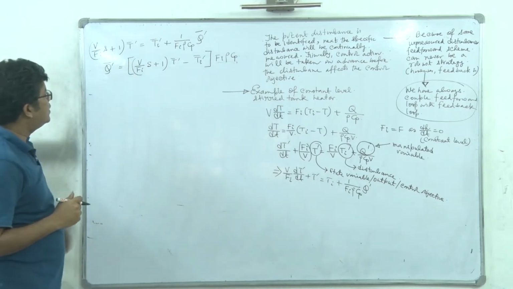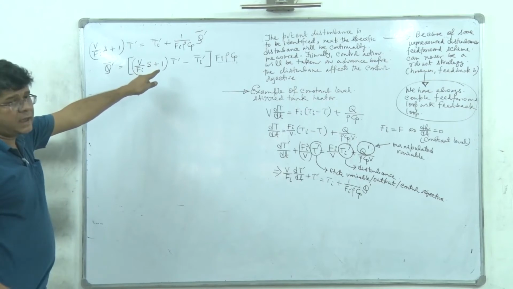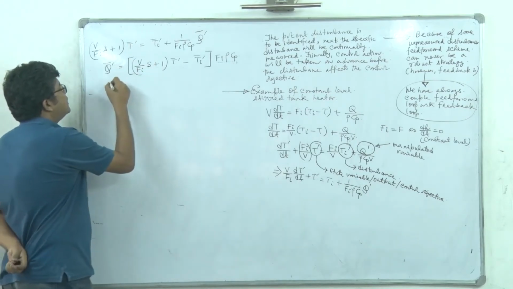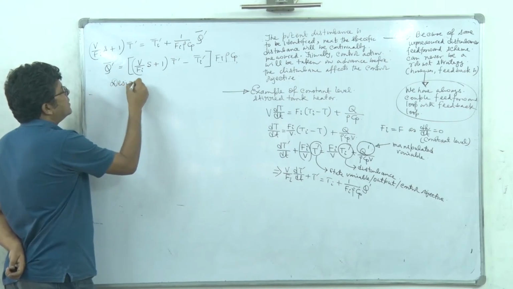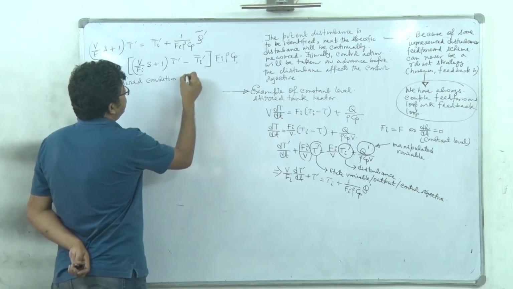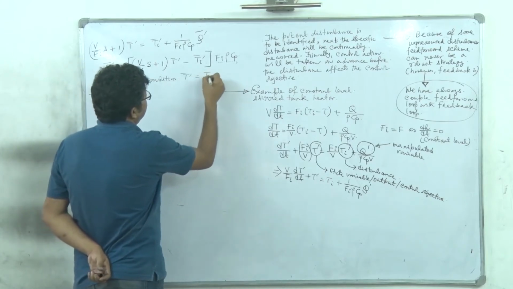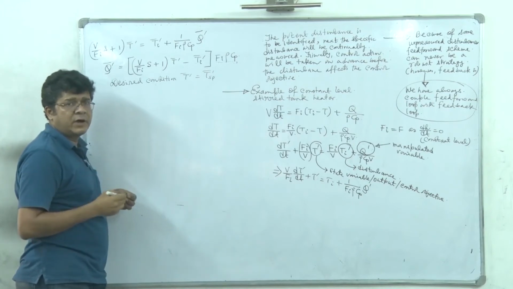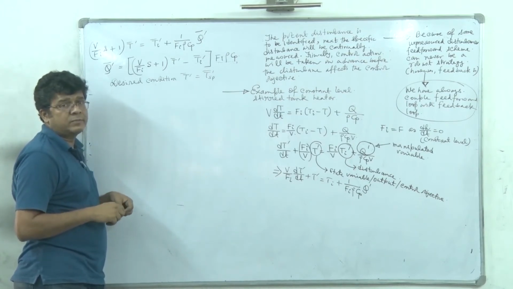And what do we want? We want T prime bar to be always at its set point. So the desired condition is that T prime bar will be equal to T SP prime bar, no matter whether the set point may be changing with time, right?